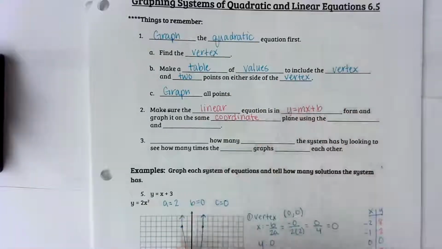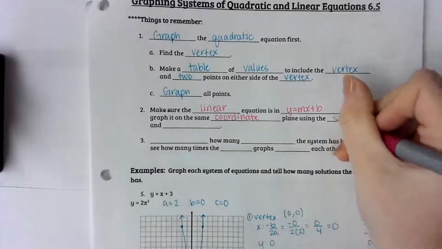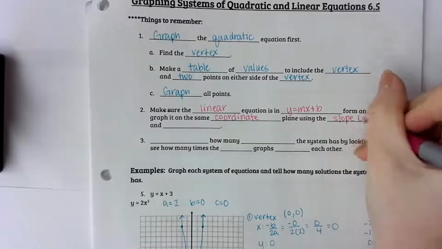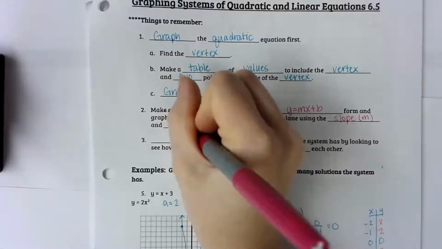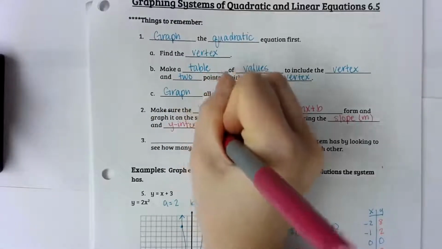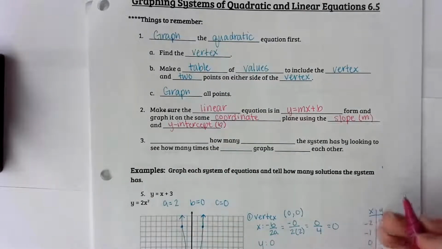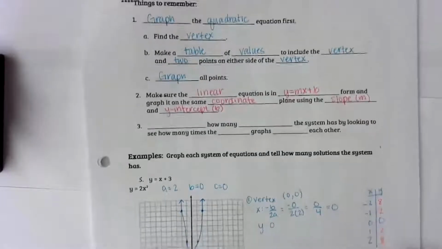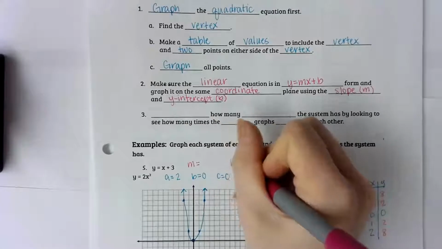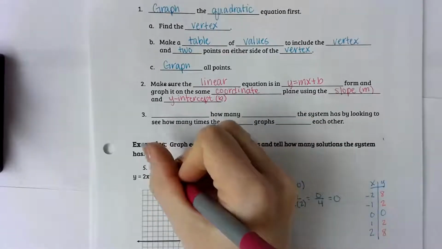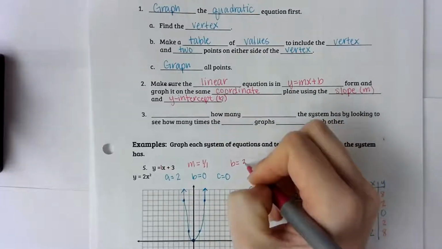So you're going to put it on the same graph as this one using the slope, which is your m, and the y-intercept, which is the b. So our m, our b. There's a 1 in front of this, which means that our m value is 1 over 1, and b is 3.